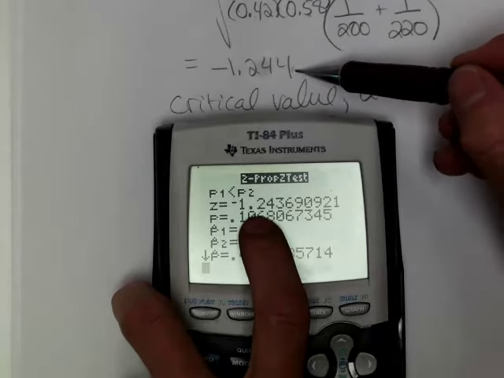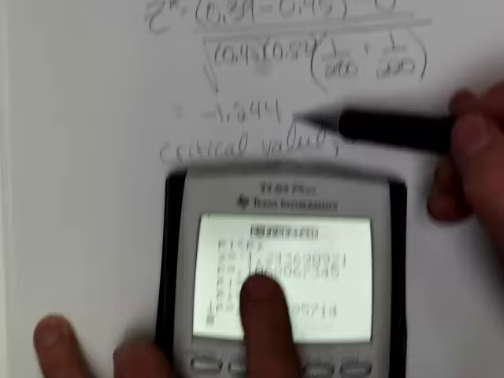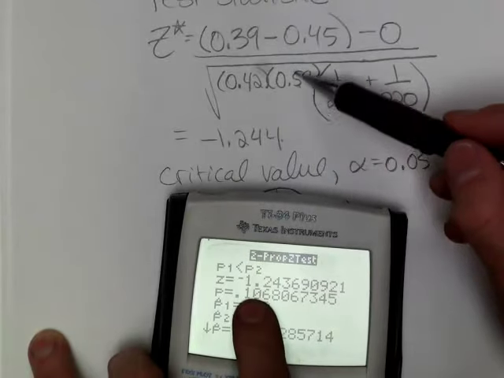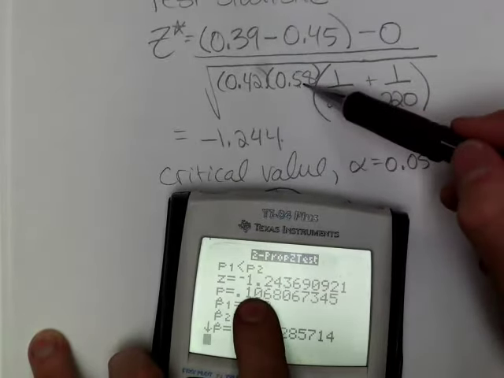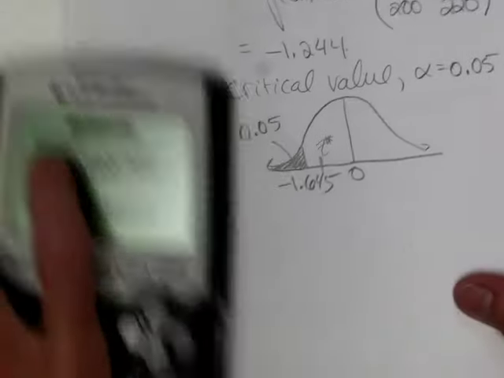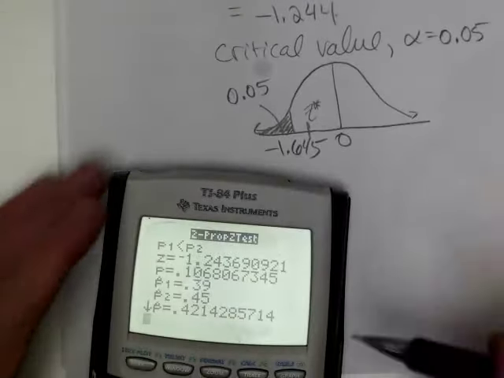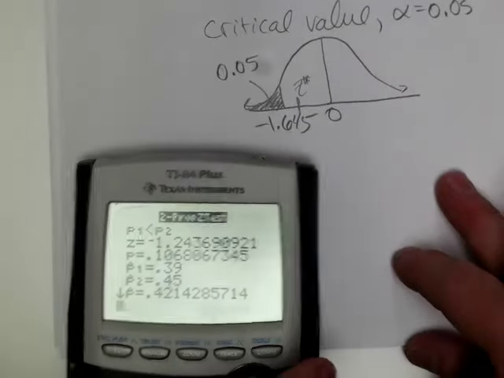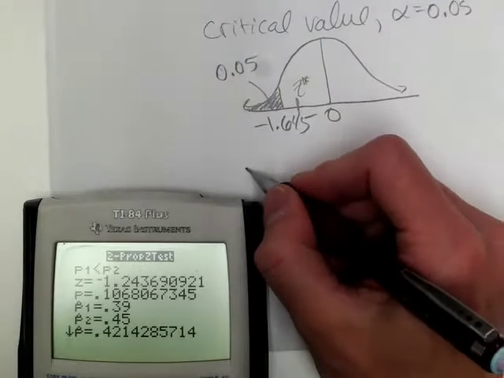Comparing that to what we got by hand, that's actually pretty close, even though there was some rounding going on. Getting it directly from the calculator saves a lot of calculation time.